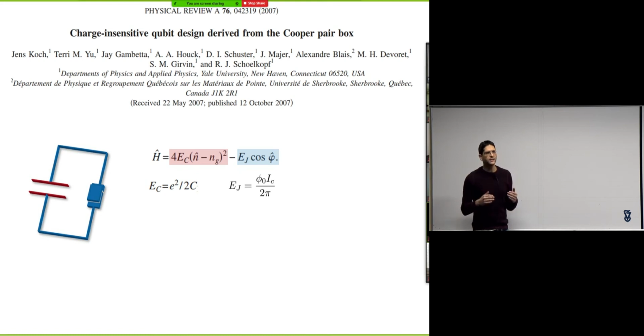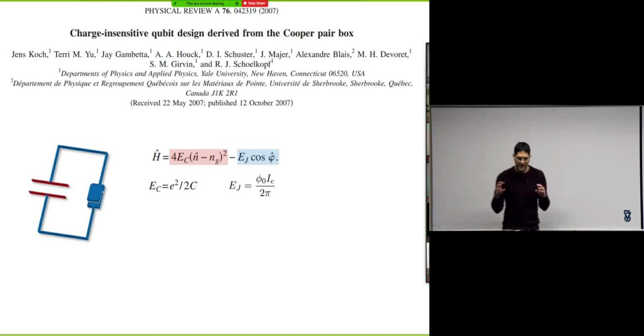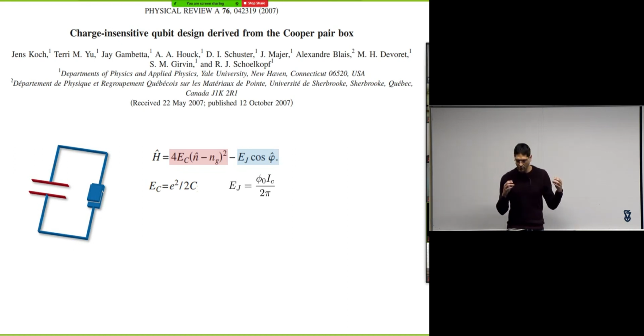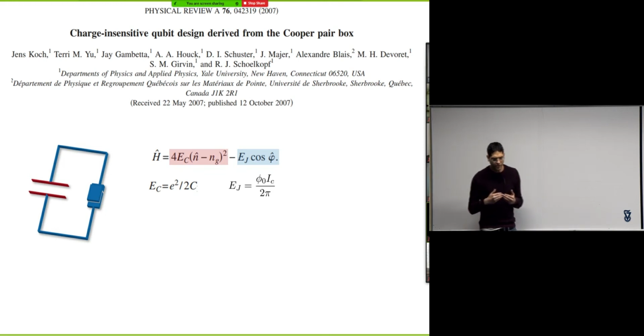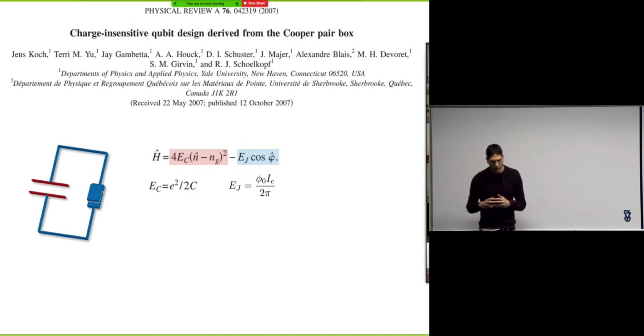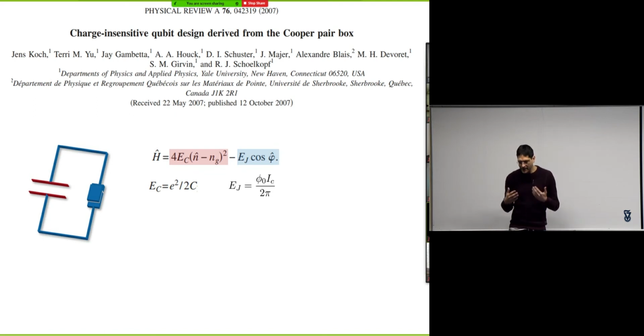And the transmon design, the realization of putting in a large capacitor, showed, and this is the title of the paper that introduced this type of qubit, a charge-insensitive qubit design, because it showed that simply by physically putting an additional large capacitance in parallel to the Josephson junction, you decrease its sensitivity to charge fluctuations at the expense of unharmonicity.